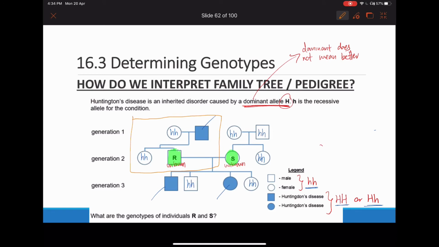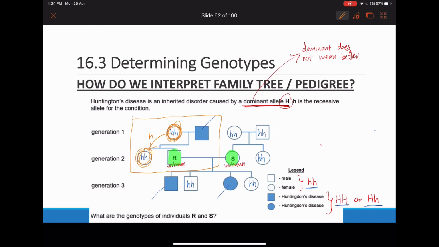Look at it closely. It tells you that this person has small h, and one of the offspring has small h. If you understand from the inheritance we are talking about so far, it shows you that this mother passed down the small h to the daughter.